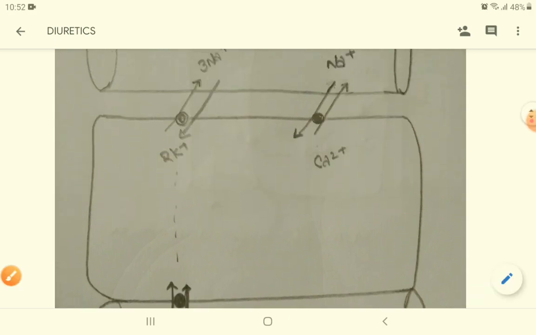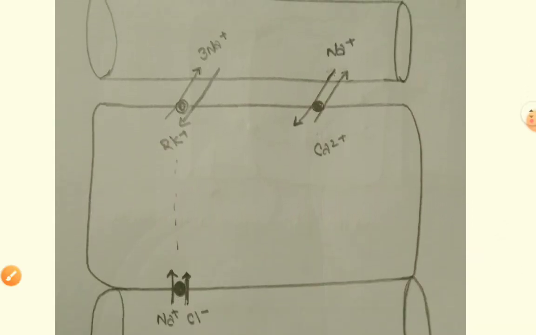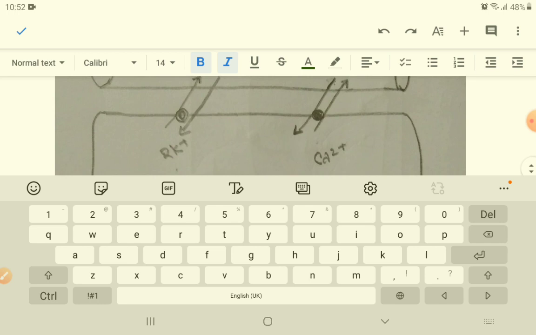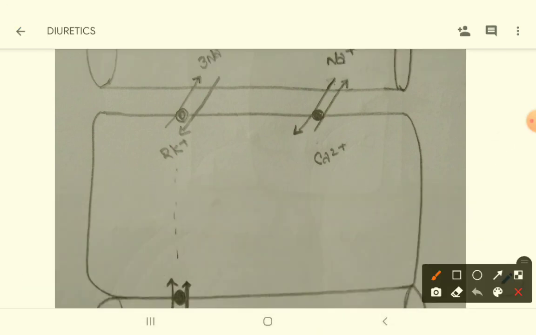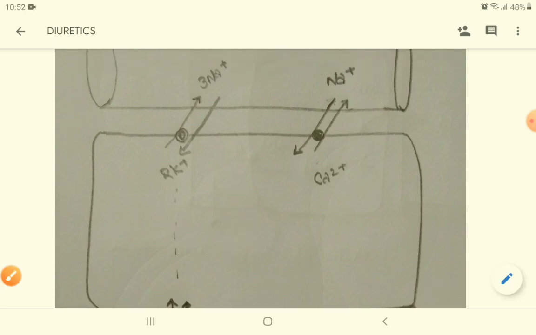And what happens here? Now you are giving a sodium chloride co-transport blocker, so here is less sodium, and calcium. What happens to calcium now?